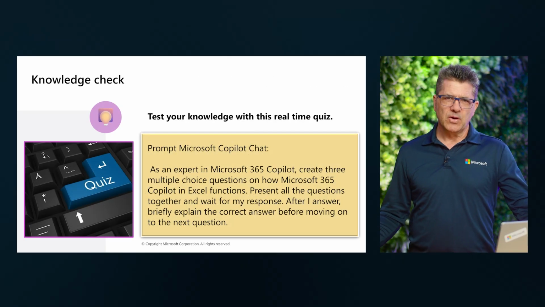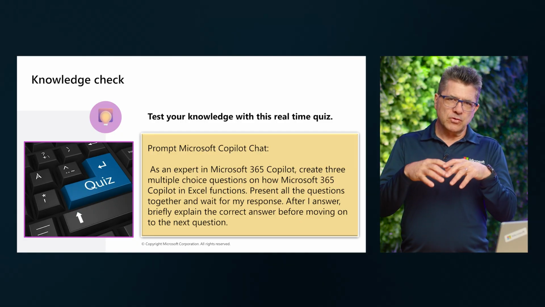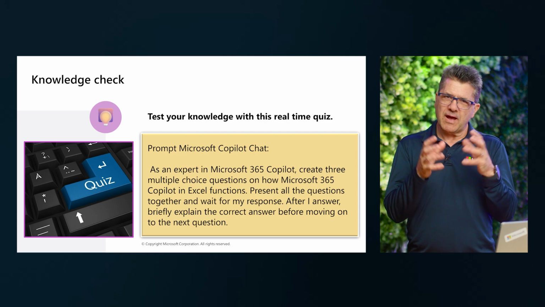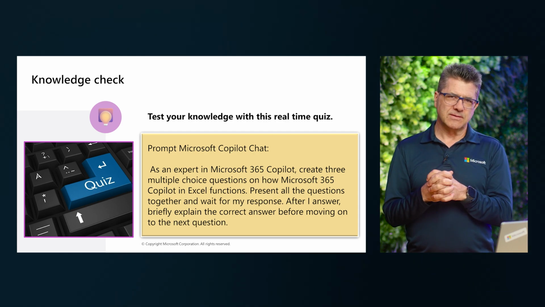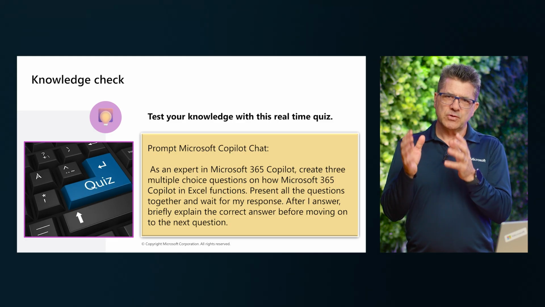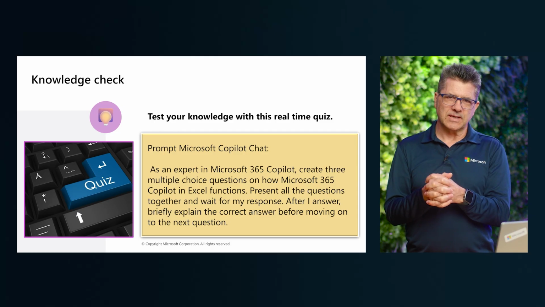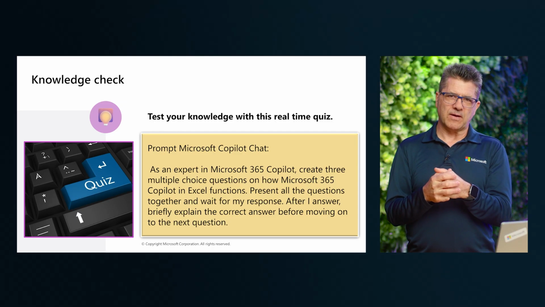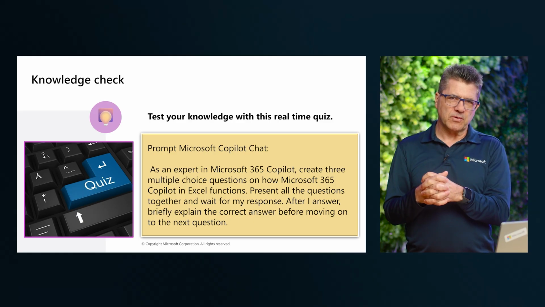In this module, we were able to validate Excel. And to basically emphasize our knowledge, we have a knowledge check where we are going to try this, right? So you're going to use Excel to create multiple choice questions for you to try and to understand Excel. So it's going to explain functioning as a Microsoft 365 Copilot expert, ask you 3 multiple choice questions.